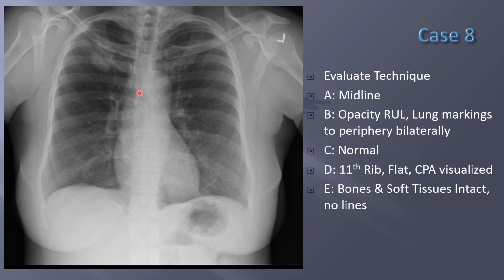And the clavicle heads are about 3 to 4 ribs down, so angle looks good. So our trachea is coming down here, down the spine, and then it kind of separates here at the carina, right and left.